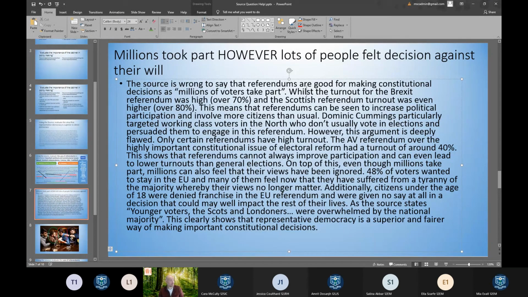Whilst the turnout for the Brexit referendum was high, over 70%, and the Scottish referendum turnout was even higher, I probably need to put something else in there. Actually, maybe the word whilst doesn't necessarily work there.